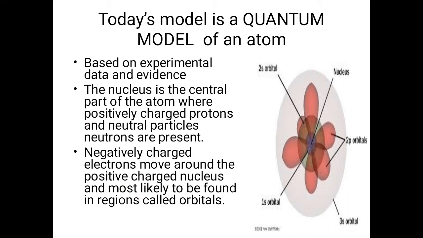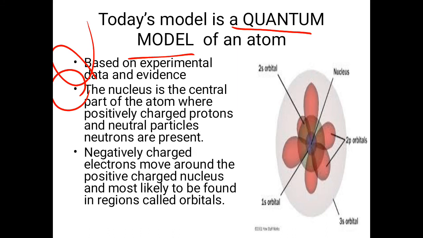Now when we see today's model of atom, which is the quantum model. The quantum model of the atom is based on experimental data and evidence, like we have performed experiments. The nucleus is the central part of the atom where positively charged protons and neutral particles, neutrons, are present.